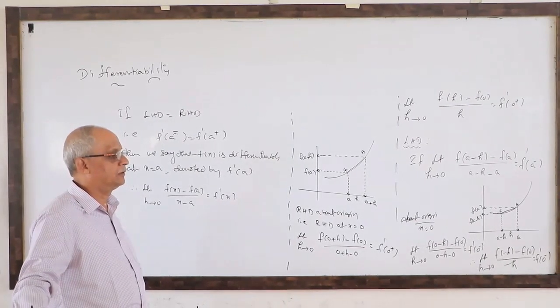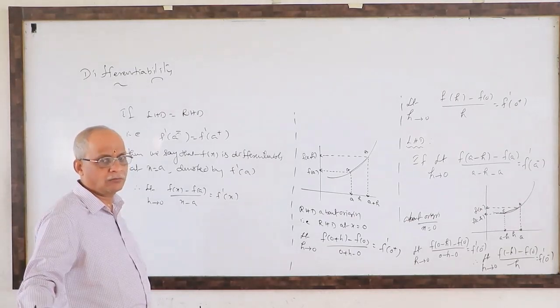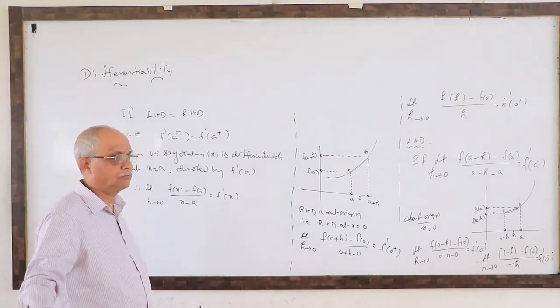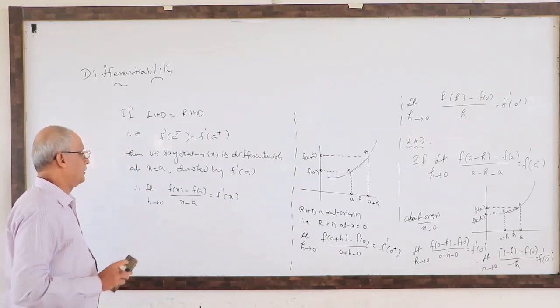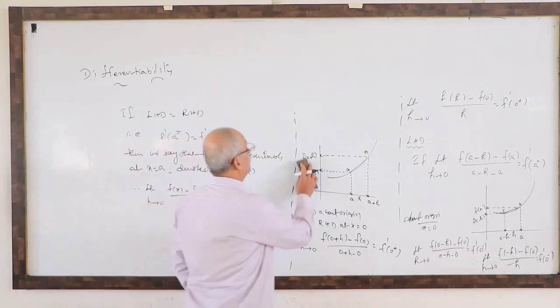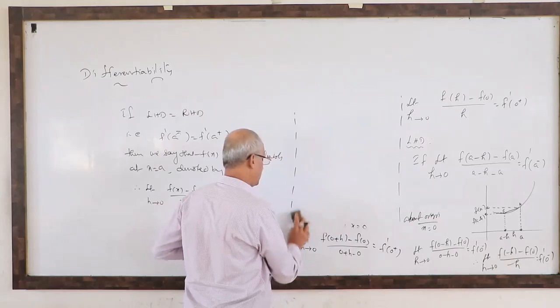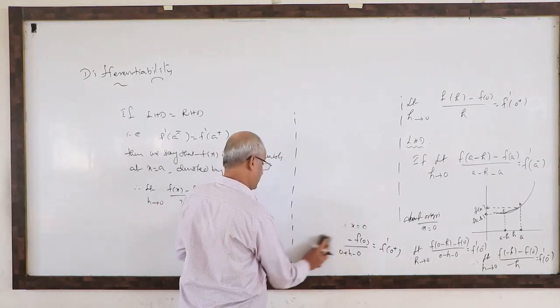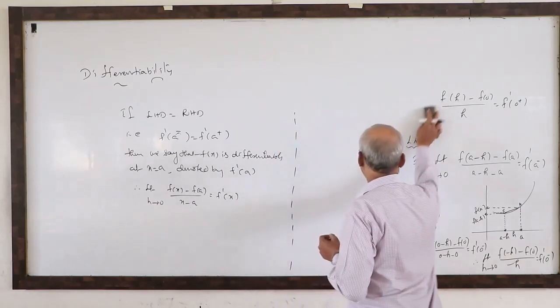Then step function, greatest integer function, continuous. Already we know that integers, rationals, that is there. Next, a very common problem: every time there is a chance of getting a question on modulus, the modulus of a function.